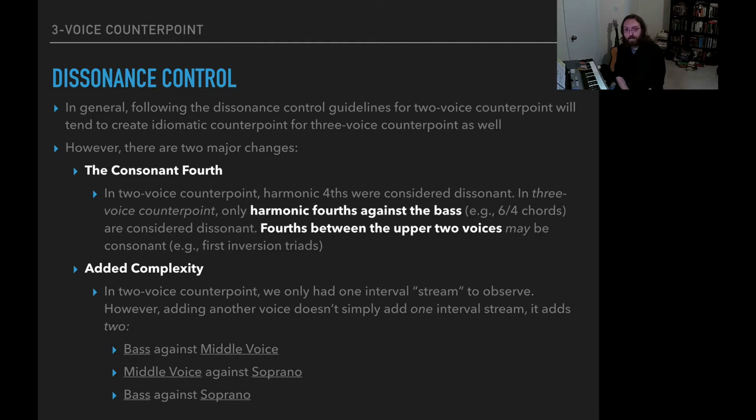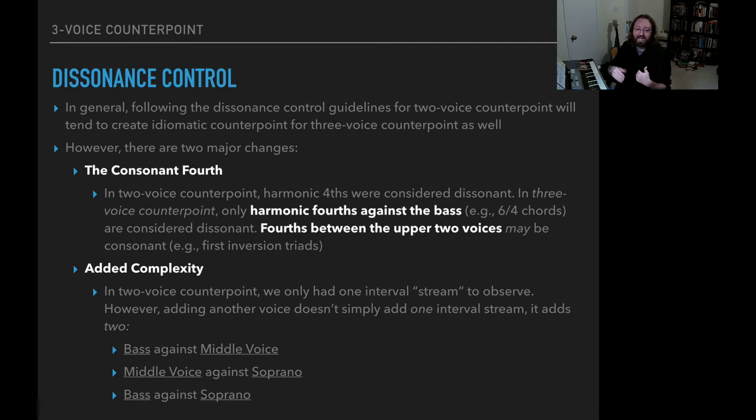Now, the other thing that we have to contend with is that by adding a third voice, we are adding complexity. In two-voice counterpoint, we only had one interval stream to observe: the stream of intervals created between the two voices. When we add a third voice, we're not just adding another stream of harmonic intervals.